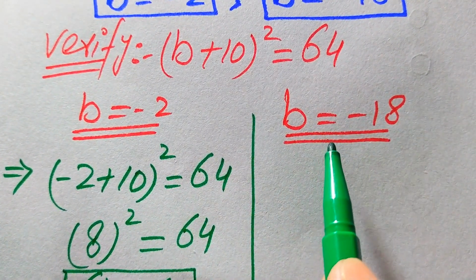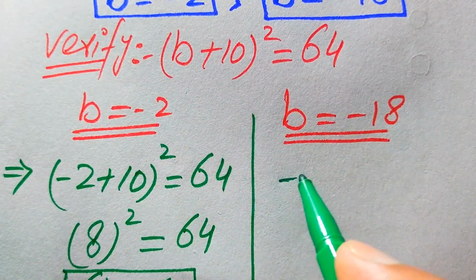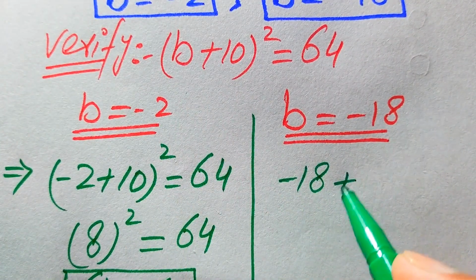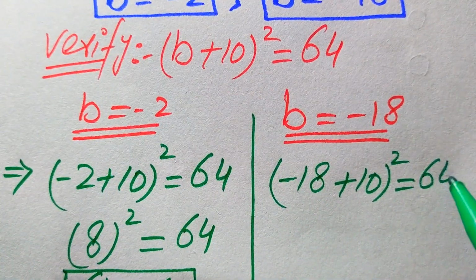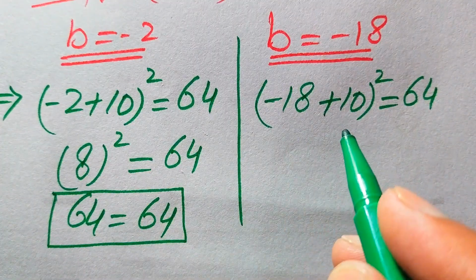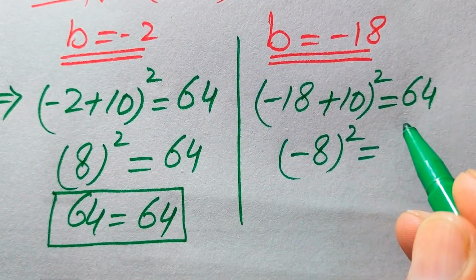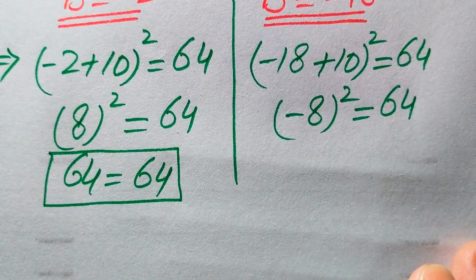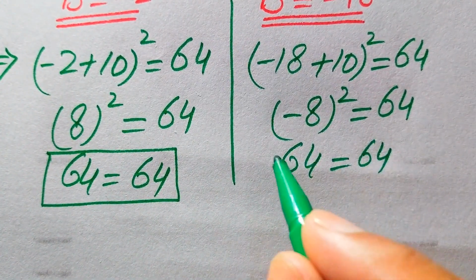Now in the same pattern we verify the second value of b. We put this value of b into the left hand side, and it becomes (−18 + 10)² = 64. In the next step, −18 + 10 becomes (−8)², and you know that (−8)² becomes 64, so 64 = 64.